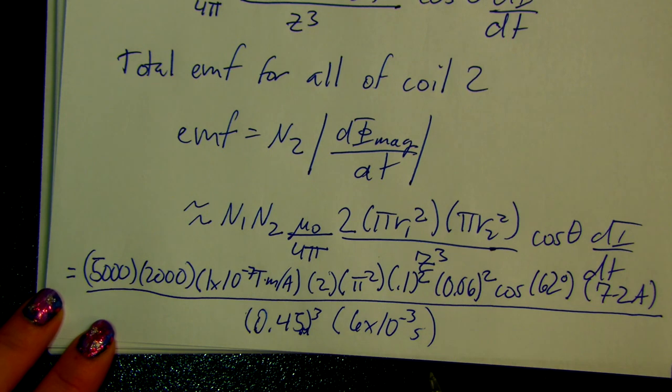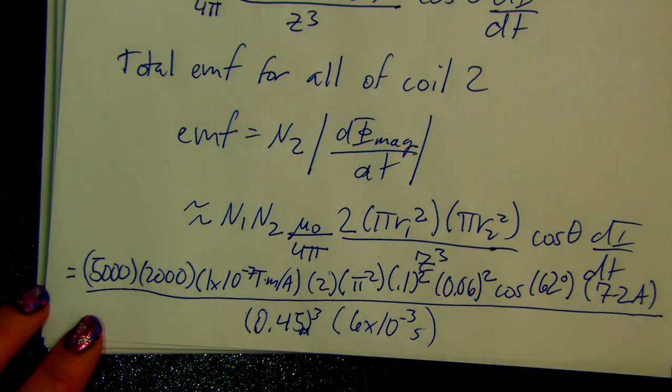This is the 6 milliseconds that it took for the current to change from 2 to 7 amps.